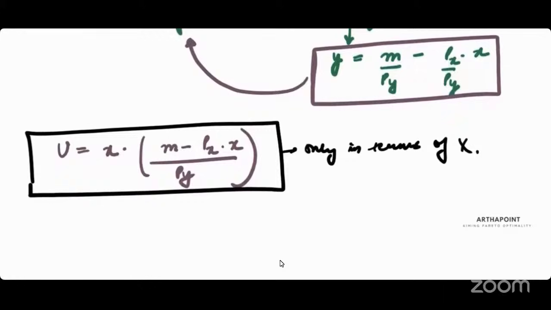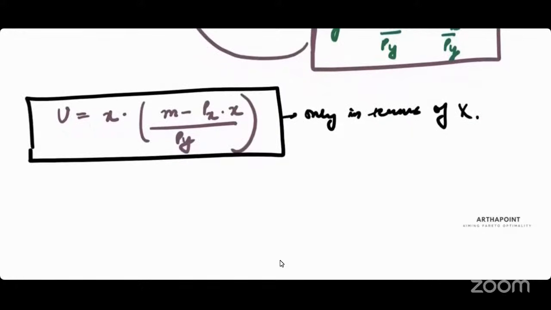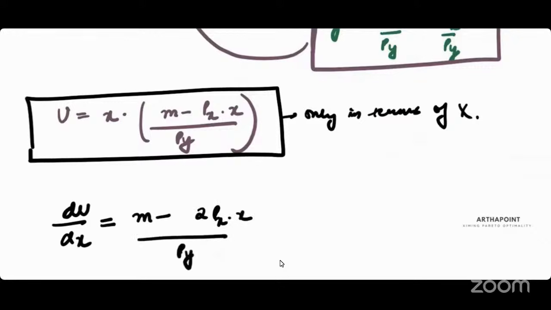How do you maximize your utility? Differentiate it, equate it to 0. That's class 11, 12th maths, basic maths of maximizing functions. So you will simply, in order to maximize your utility, differentiate your utility function with respect to x. So you will get m minus 2 px into x by py.